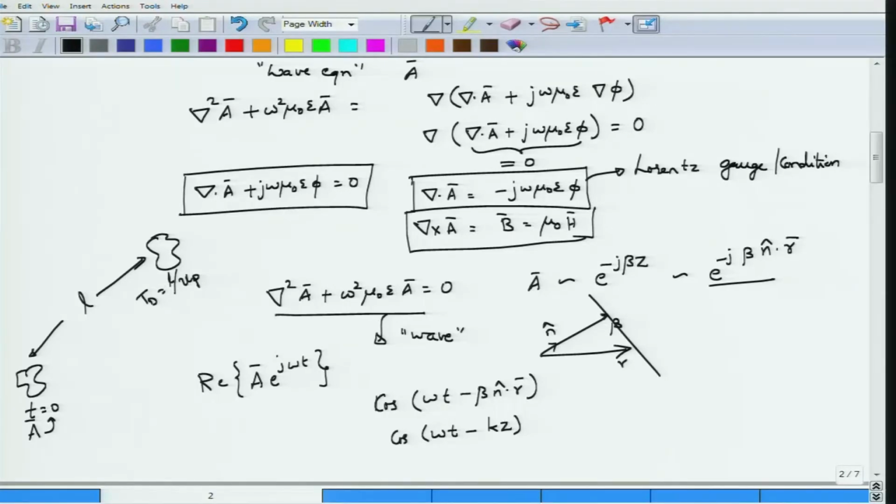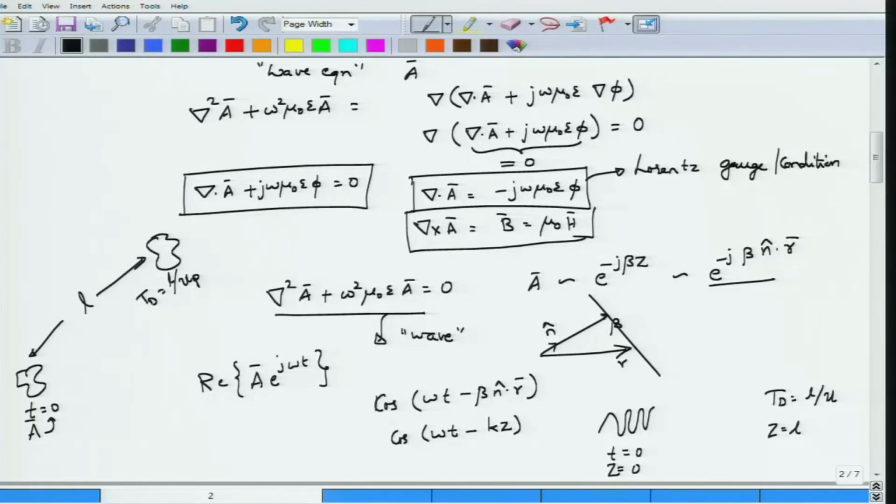Again, this is also not something new to us. We have already seen this in transmission lines. If you connect the switch on a transmission line, it will not be able to see the load immediately. There has to be some propagation delay. All that this mathematics has brought to us is that when A changes at t equal to 0 at z equal to 0, then at z equal to L this change will be visible after a delay of L by u, where u is the phase velocity.